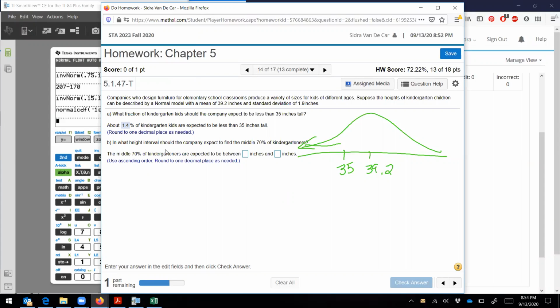In what height interval should the company expect to find the middle 70% of kindergartners? So, in other words, what number would be here and here so that this is a 0.7? Well, if that's a 0.7, 0.3 is on the outside, and 0.3 cut in half would mean 0.15 here and 0.15 here. So I can do 0.15 on the left.